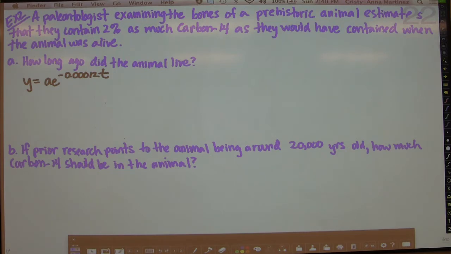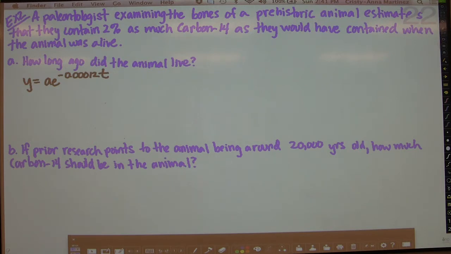So it says here that we want to find how long ago the animal lived. So I will tell you that A is the initial amount of carbon-14 in the animal's body, and we want to know the amount that remains after t years, and that's 2%.